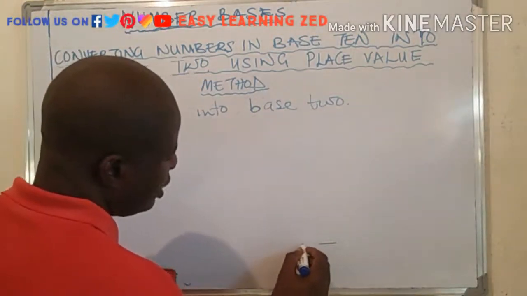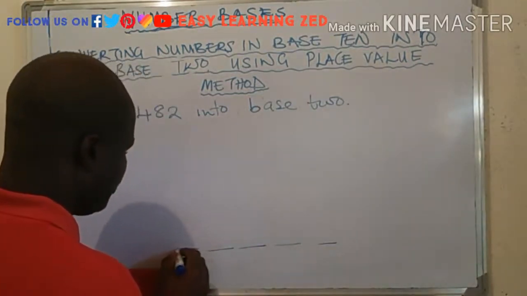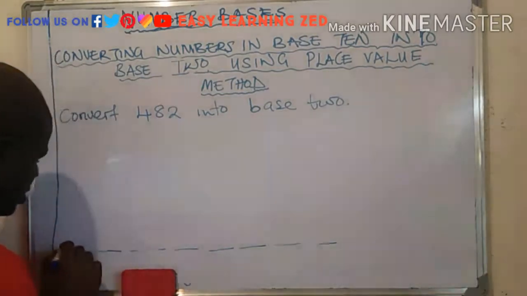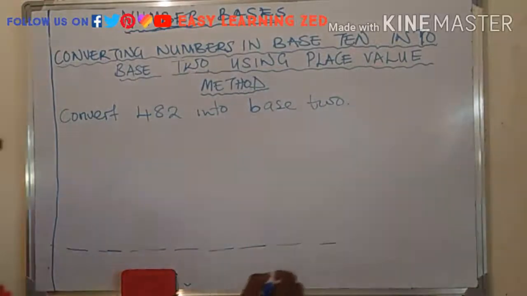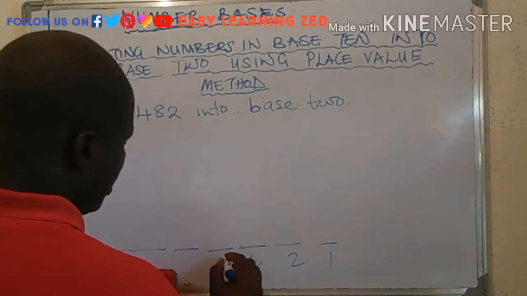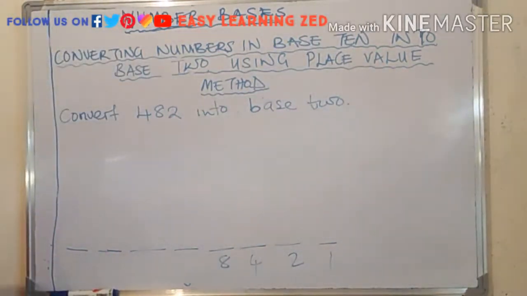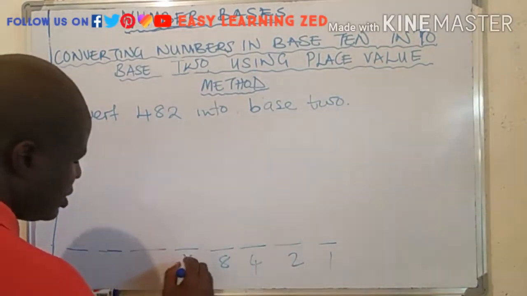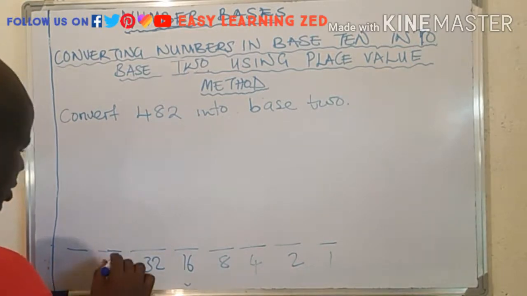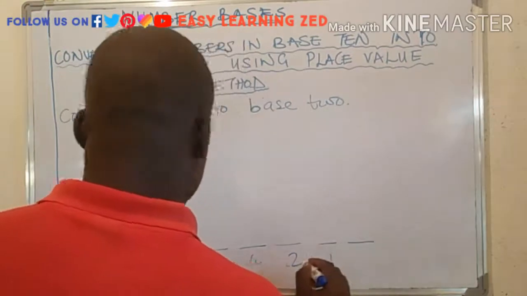Let me try to put 9 place values. I don't know if they will fit here. Okay, we put 9 place values. So these are 1s, 2s, 4s, 8s, 16s, 32s, 64s.